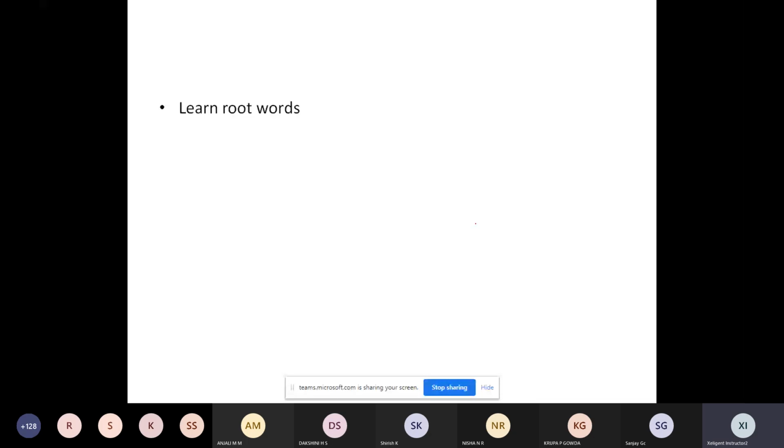Any idea about root words? What do you know about root words?